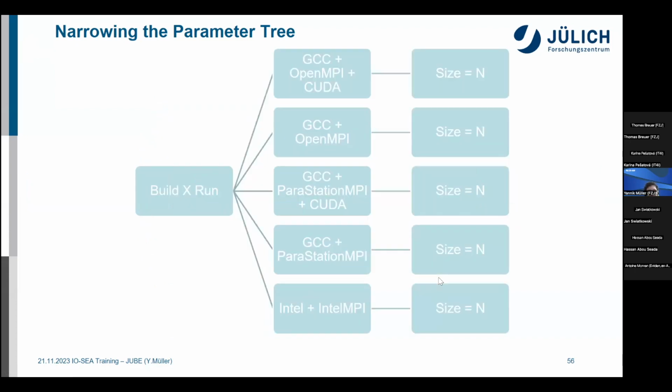When we use both in one execution step, we have the cross product of these parameter spaces. Here, for example, the first column would be the build step, and the second column would be the execute step. This is fine for now. This is what we wanted.